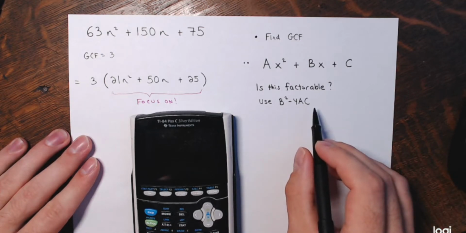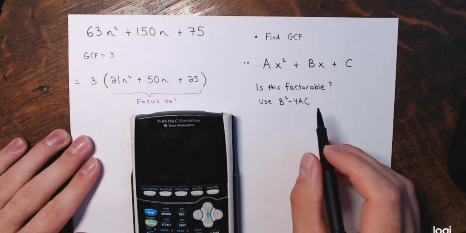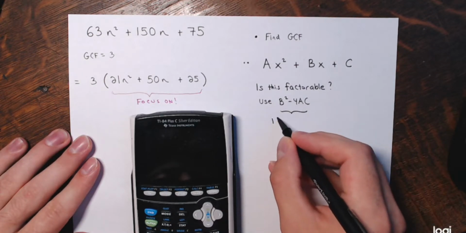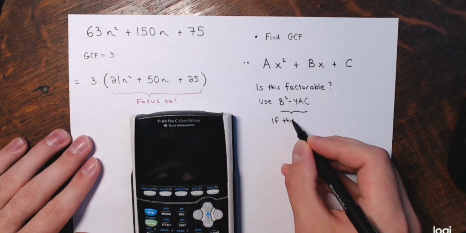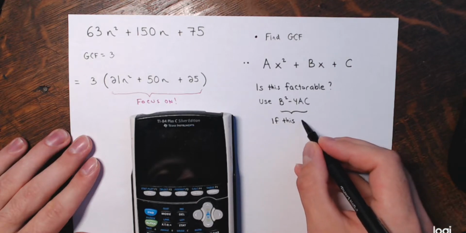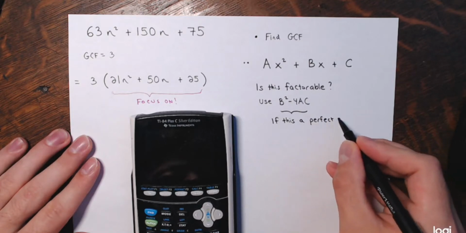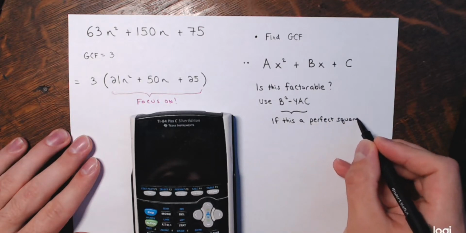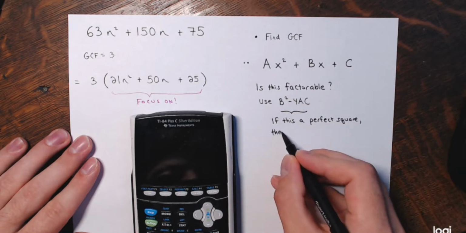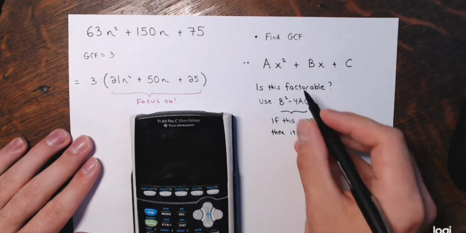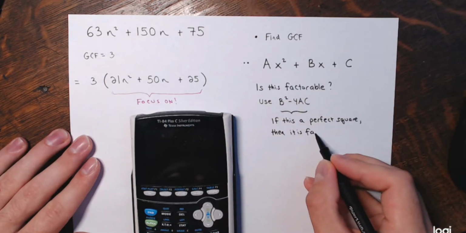It doesn't tell me how to factor it. But if you calculate this, and if b squared minus 4ac is a perfect square, then it is factorable. Then the polynomial is factorable.